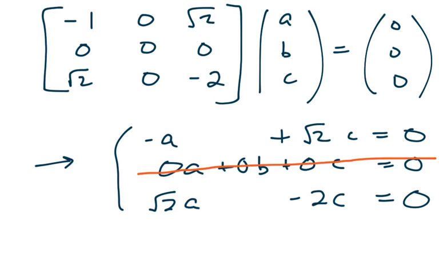B has disappeared entirely, right? B is not accounted for anywhere. So B is actually completely free. It doesn't show up in any one of the equations that are left. So B is completely free.